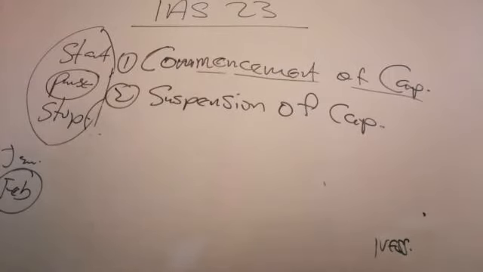Here we are saying that the borrowing cost must be suspended if active development or active work is interrupted for any extended period. So when active work is interrupted for any extended period, that is it. So yeah, the borrowing cost should be suspended for those periods.